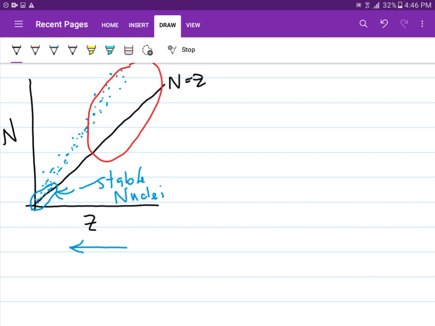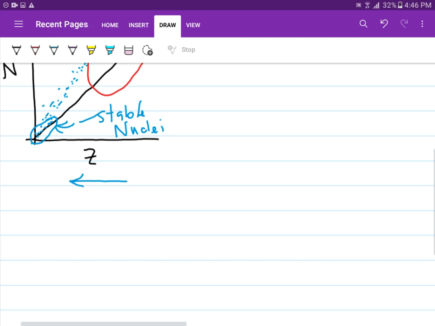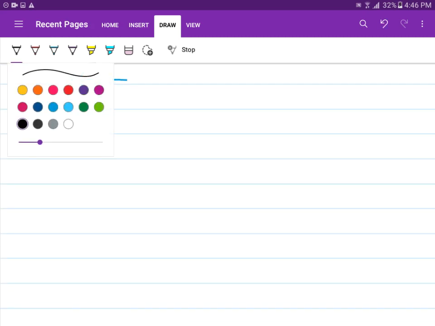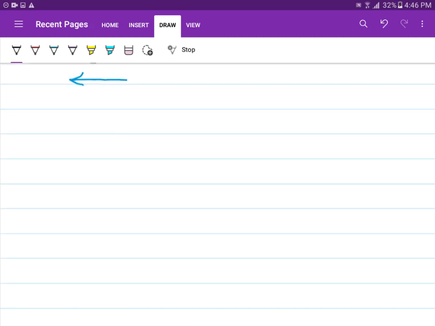So what is alpha decay? It's a nuclear decay wherein you have alpha particles. Alpha particles are helium nuclei.